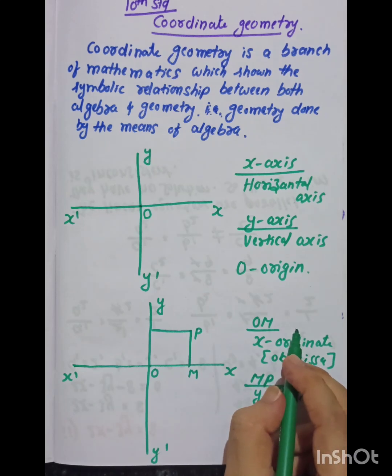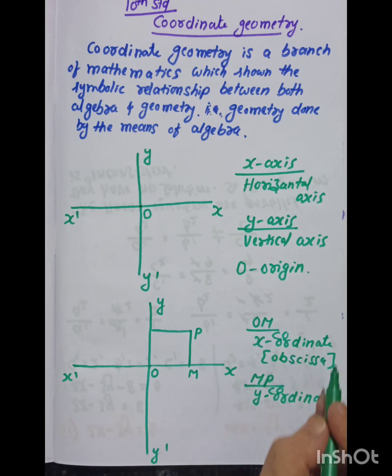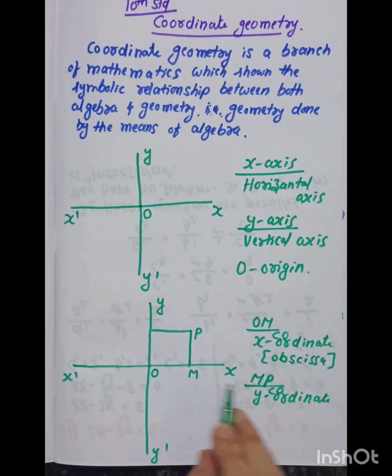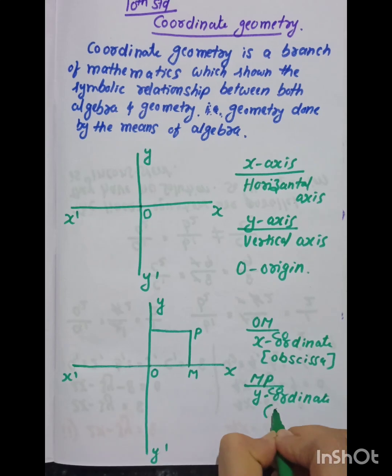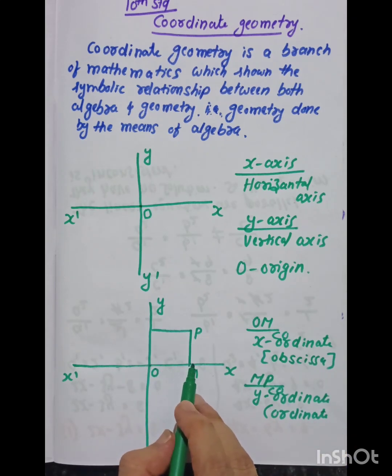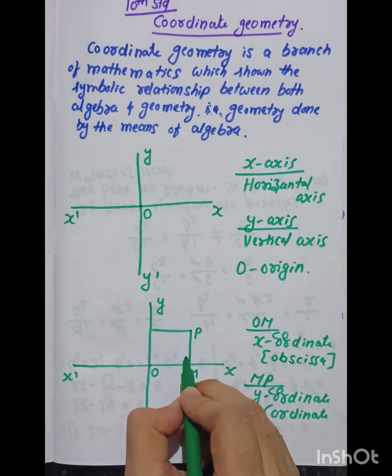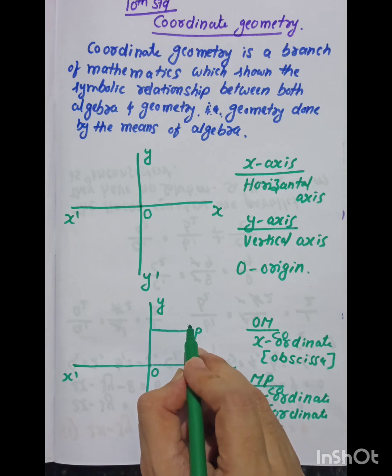In the same way here also, OM is x coordinate or abscissa, and MP is y coordinate, or you can just write it as ordinate also. So OM is x coordinate or abscissa, and MP is y coordinate or ordinate.